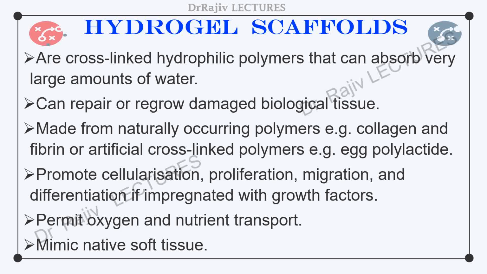Hydrogel scaffolds are fabricated from naturally occurring polymers such as collagen and fibrin or artificial cross-linked polymers such as polylactide. They can be impregnated with growth factors to promote cellularization, proliferation, migration, and differentiation. They also permit oxygen and nutrient transport and mimic native soft tissue.